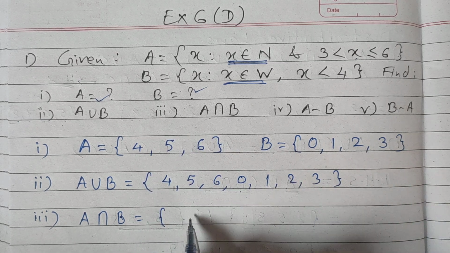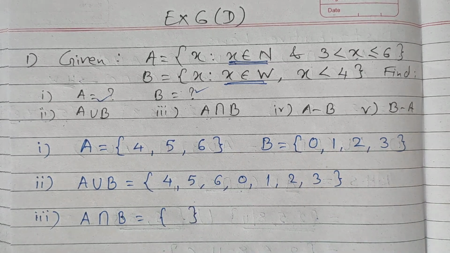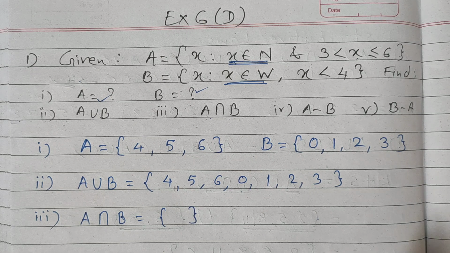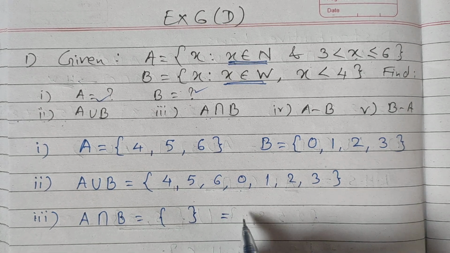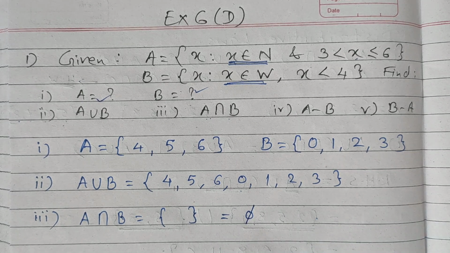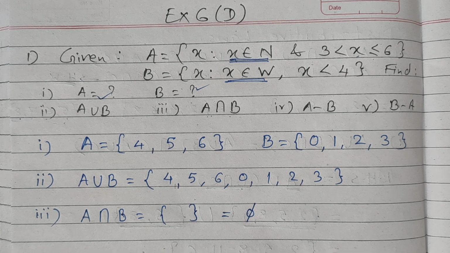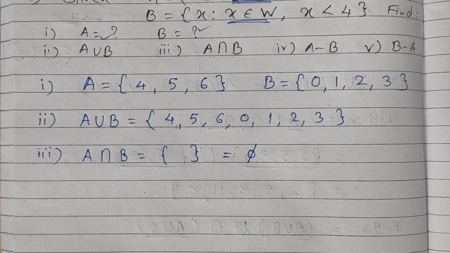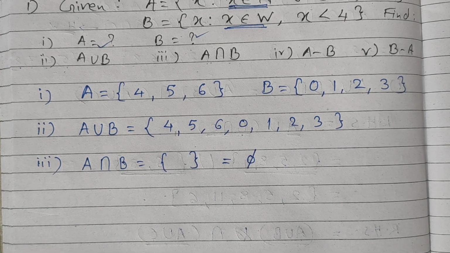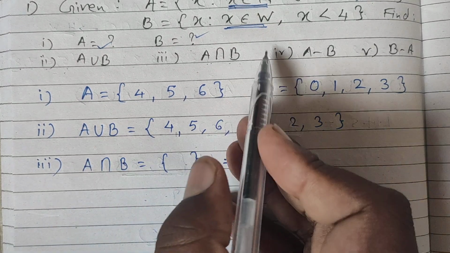Between A and B, nothing is common. That means the intersection set will be the empty set. We can give the symbol of the empty set that we have learned. Okay. Then the third question is done, no?